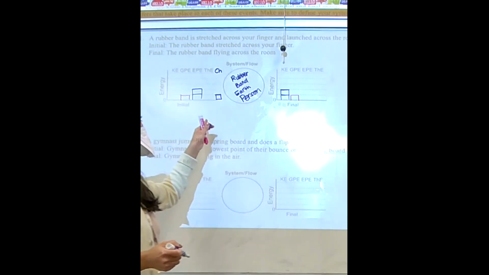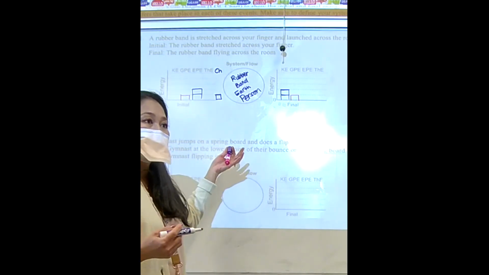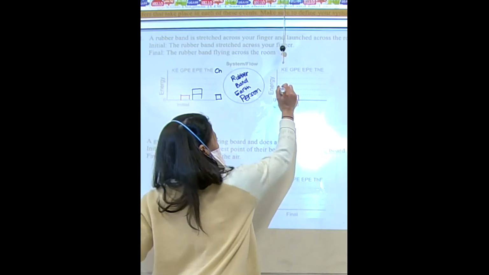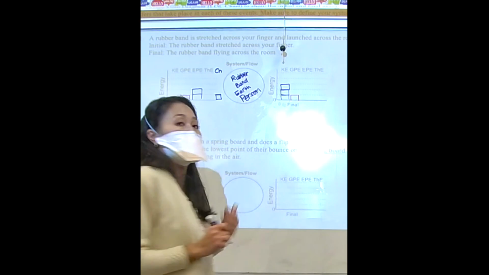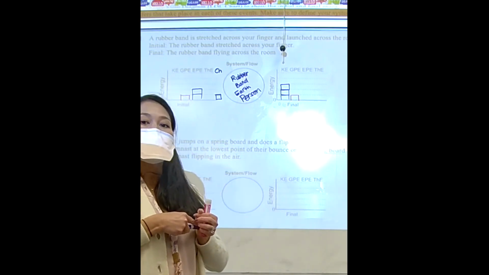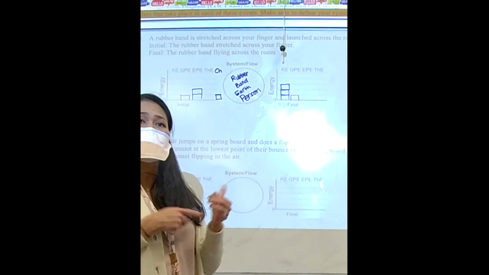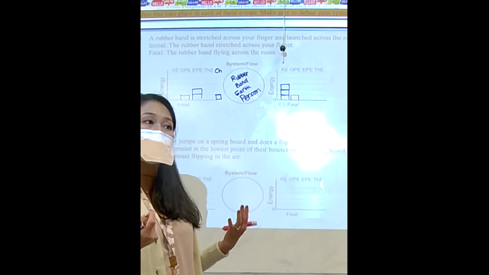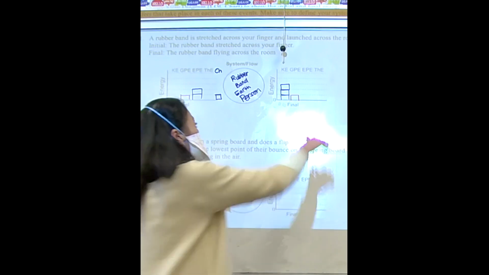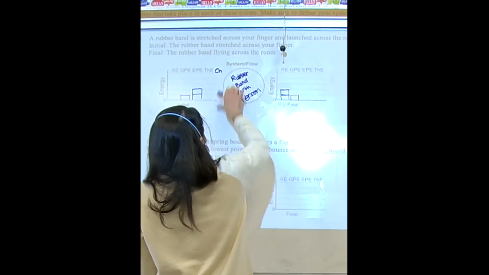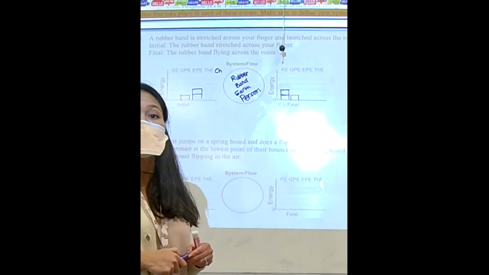And then once it's released, you can say that the person has exerted that chemical energy, and you can add it to kinetic energy to balance things out. I don't necessarily think that the person is contributing to the kinetic energy of the rubber band. So again, if you don't want to include chemical and leave it as this, that's perfectly fine.